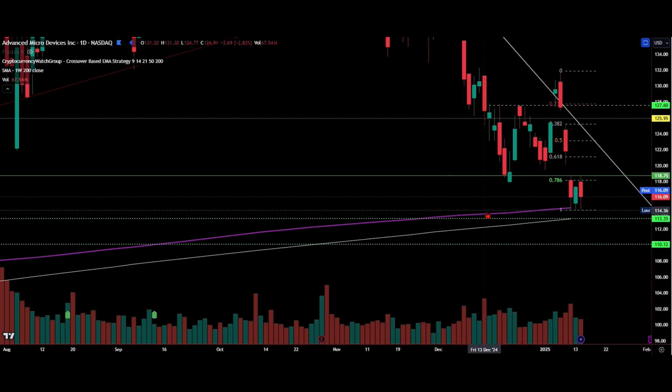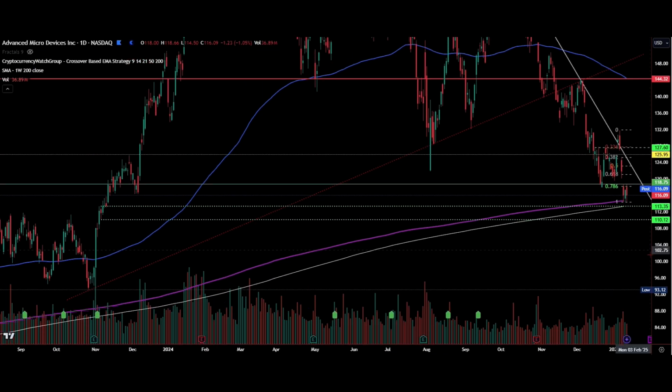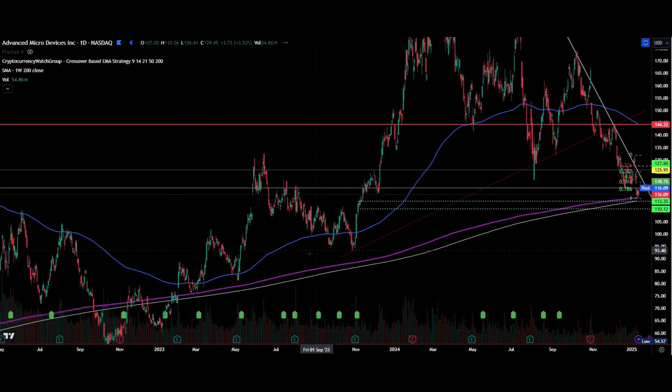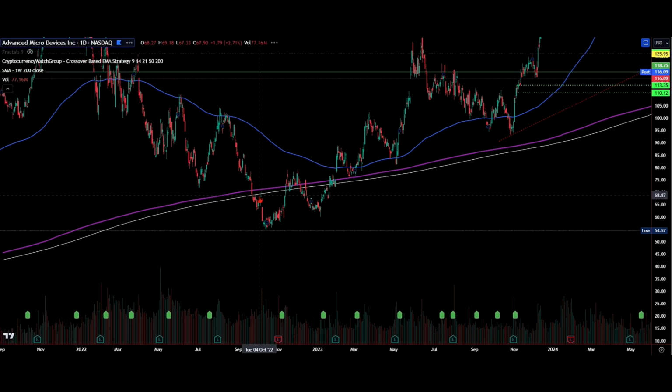Because last time AMD fell below this 200 weekly EMA was way back here. Way back 2022, September, where it couldn't hold this 200 weekly EMA, came down, found support, made a low at $54, and then that's where it bounced up.